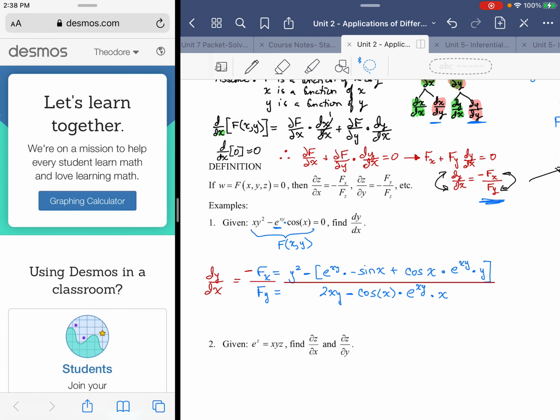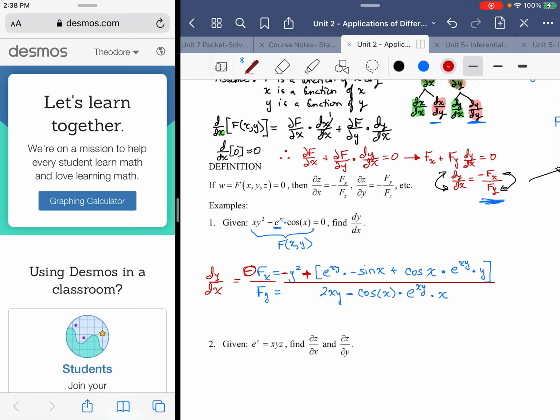In this case, I don't think it really makes much of a difference. So I'll put a negative in front of the y squared, and I'll make this minus into a plus. So that takes care of negation. Then a fraction bar makes it a ratio. And so that would be your derivative. Like I said, it ain't pretty.